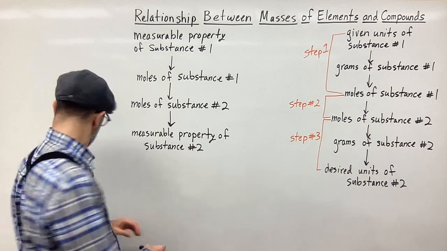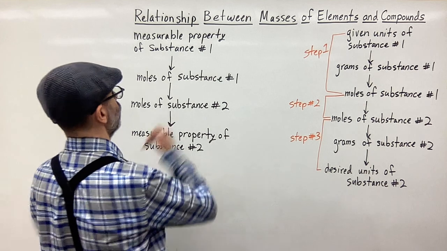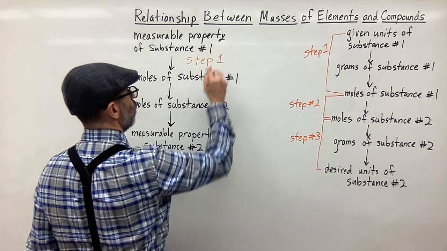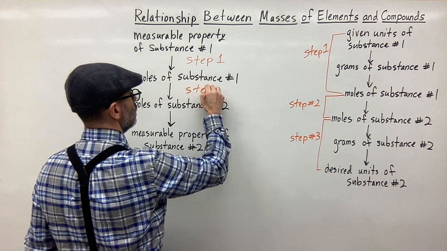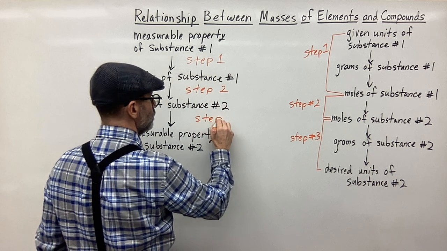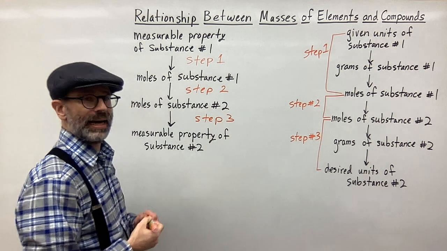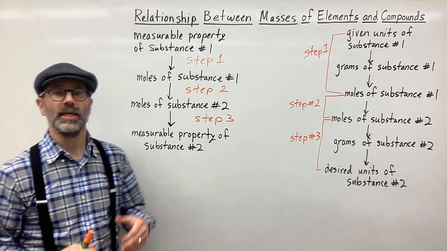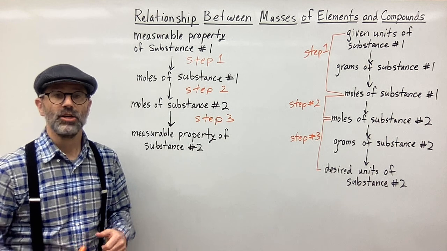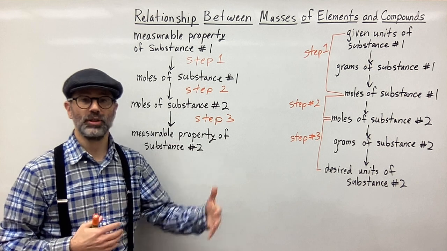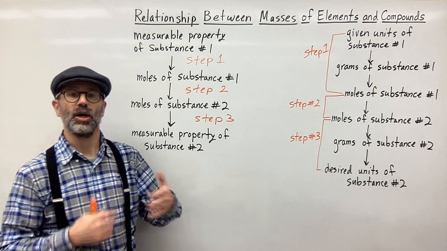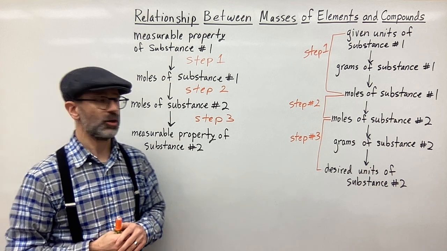So if I write this down, this would be step 1, step 2, step 3. And each of these steps is going to be done through conversion factors. In order to go from one step to the next, you've got to have a conversion factor to convert units from one unit to another.